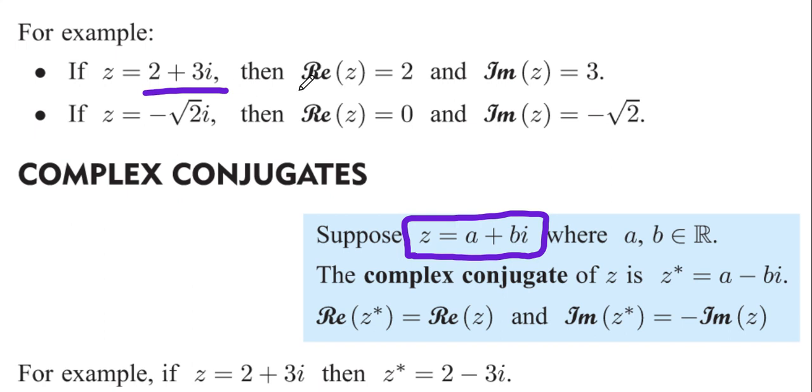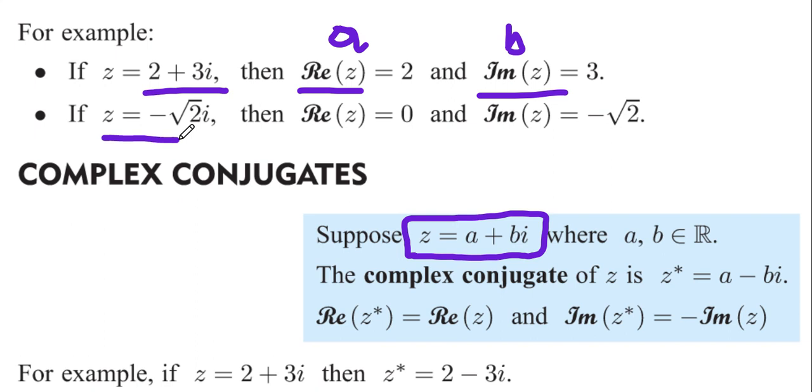Then the real part would be a, which is 2, and the imaginary part will be b, which is 3 in that case. So imaginary of z would be 3.